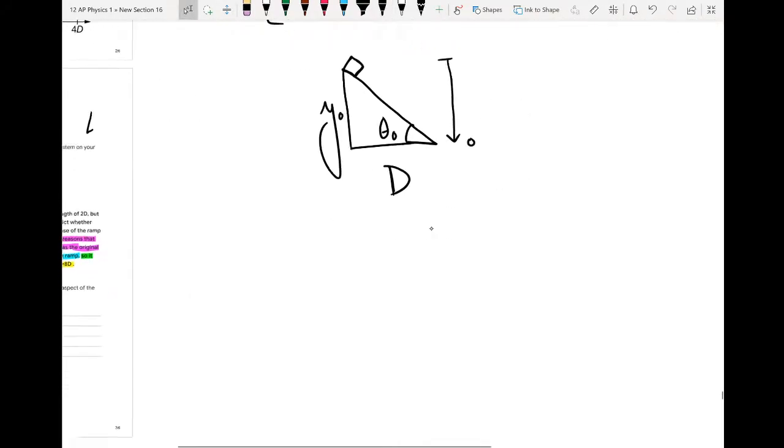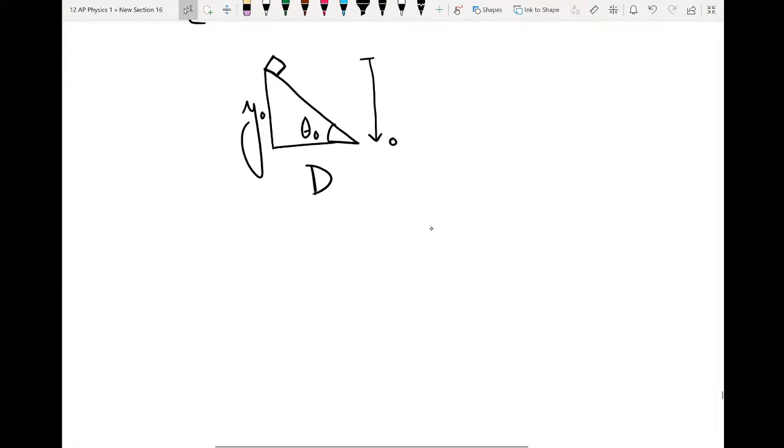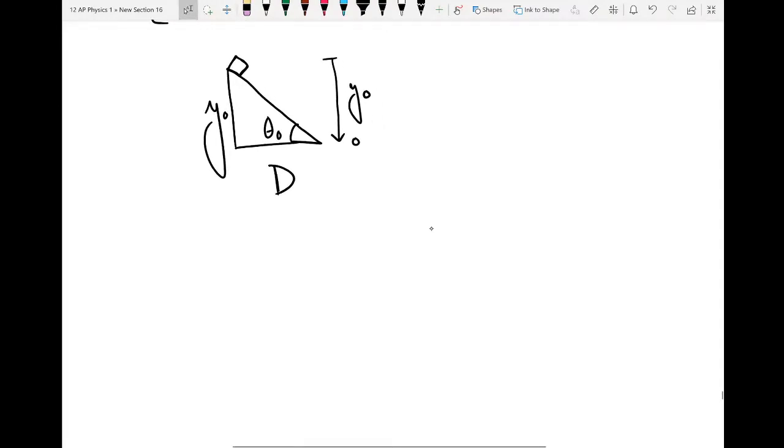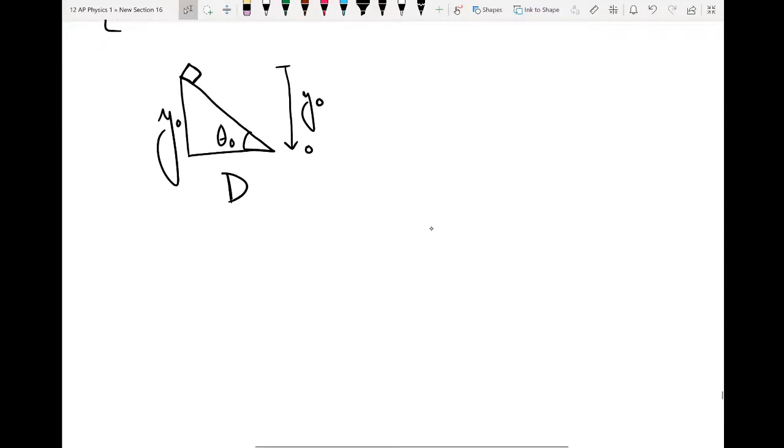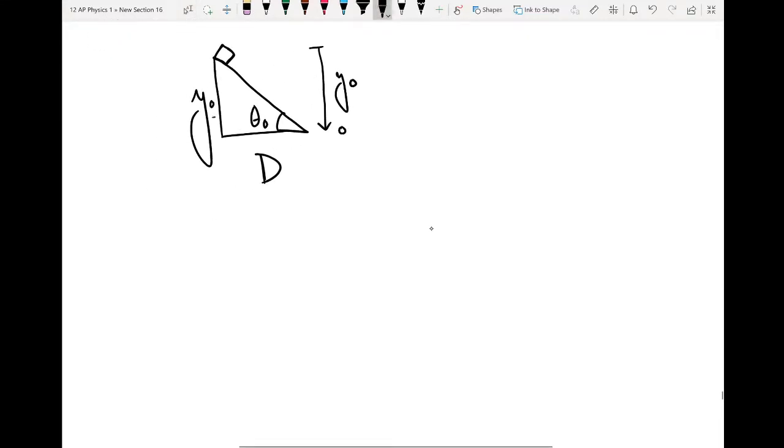How is that related to d? How does this height change relate to the distance that it travels, d? Well, this looks like a triangle, so it's pretty much a trig problem. I have this y naught, and I want to know how y naught is related to d.